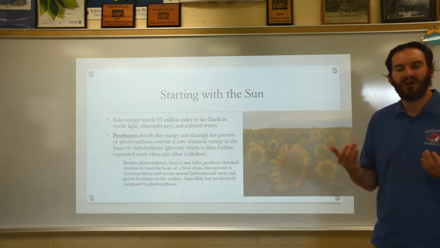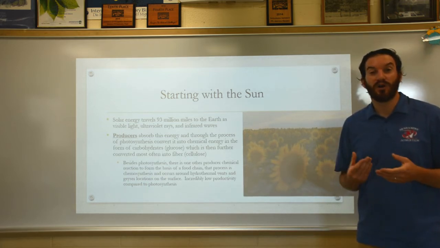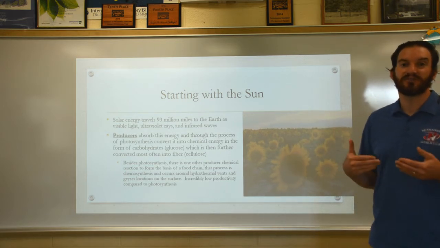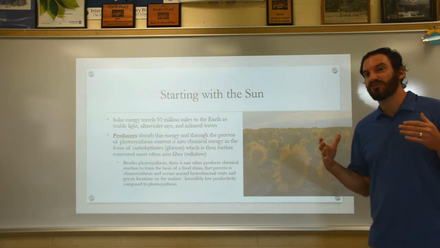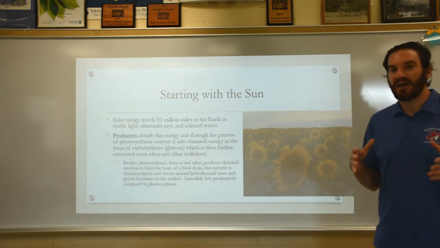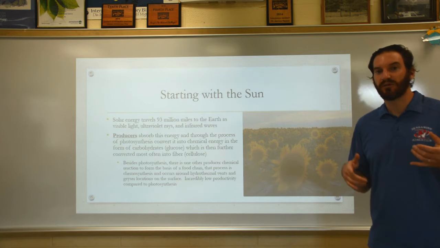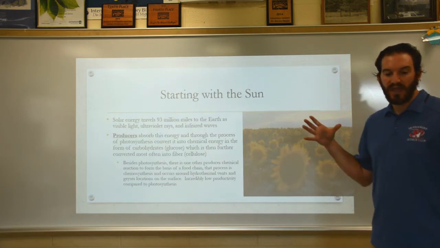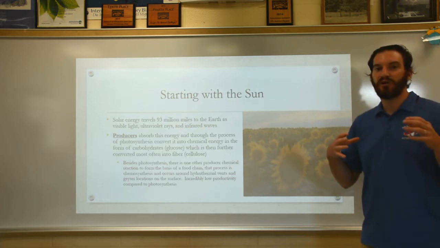I know I say large structure building, but they're still at the microscopic level. Cell walls, for example: a tree that can get to be over 100 feet tall is really just based on a bunch of cell walls all working together. So it's actually incredibly interesting to think about in that regard. But all of that matter that has made that tree started from solar energy and carbon dioxide in the atmosphere. So we have the ability to take all this stuff in and convert it into large amounts of matter.